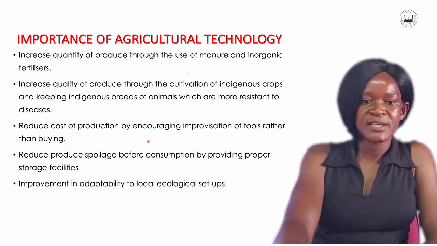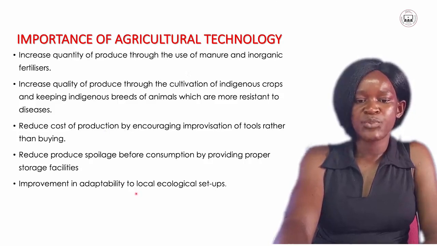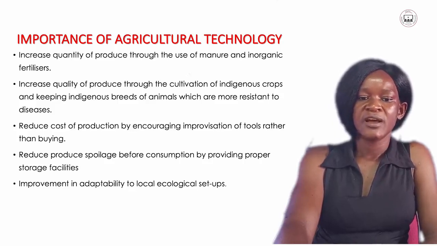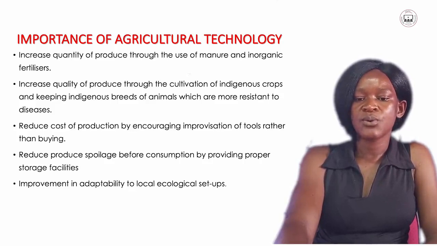Another importance is that agricultural technology will improve adaptability of crops as well as breeds to the local ecological setup. Through agricultural technology, there is a formation of seeds which can adapt to any local ecological condition.